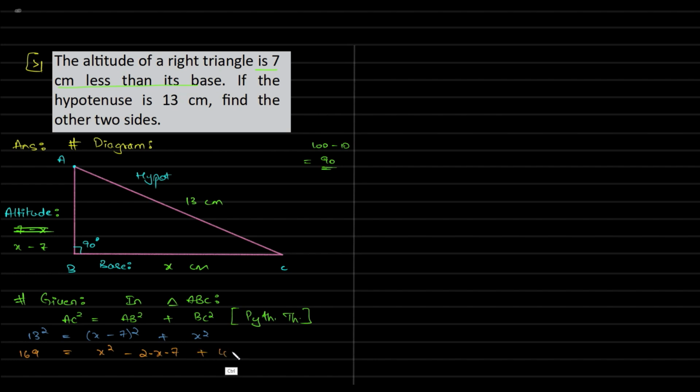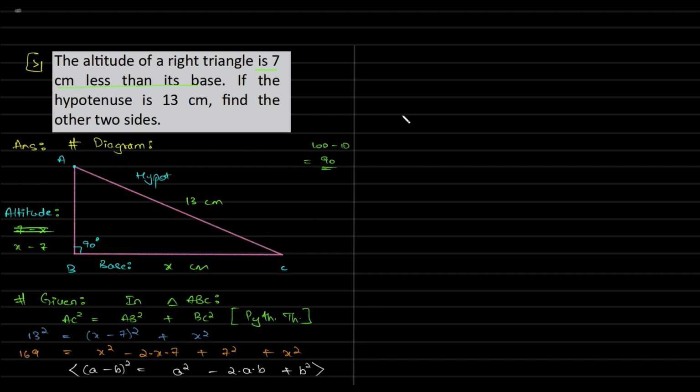If you are not thorough with the formula, please do mention what formula you have used: a minus b the whole square is a square minus 2ab plus b square.